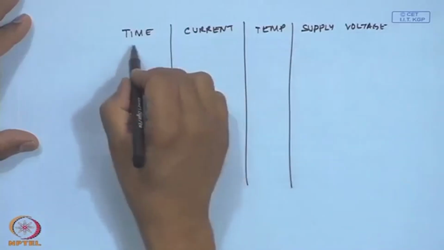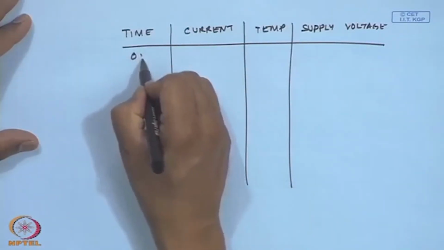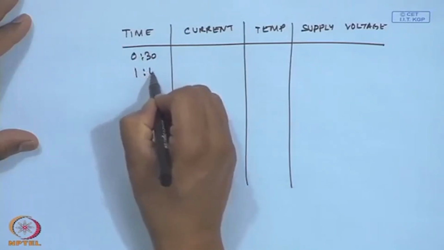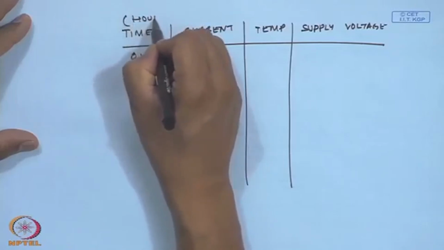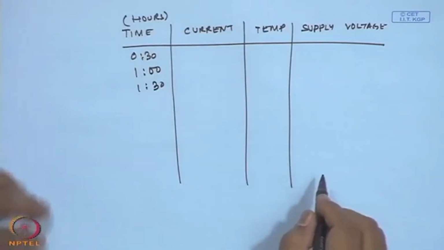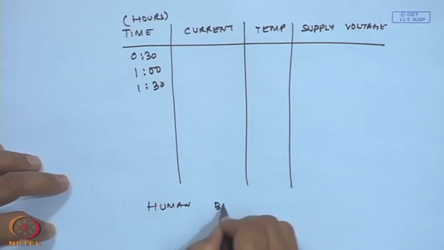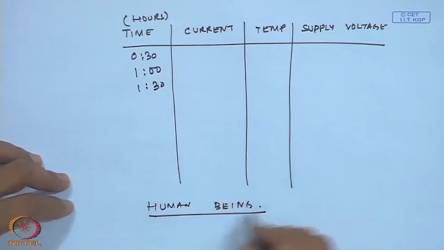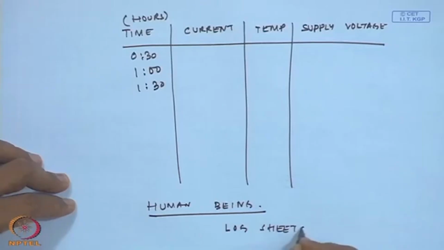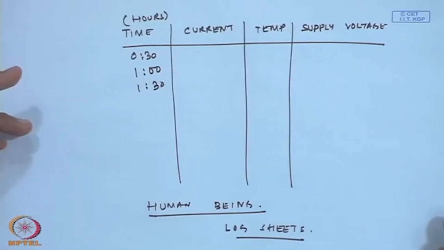And this time, mind you, was maybe every 30 minutes, so every few hours, say. And this was being done by a human being. They would essentially form the log sheets, and these were available in the plant room.